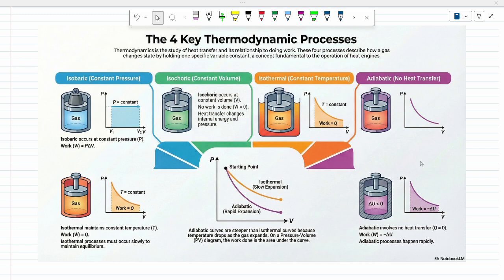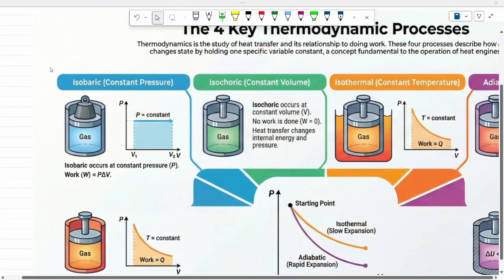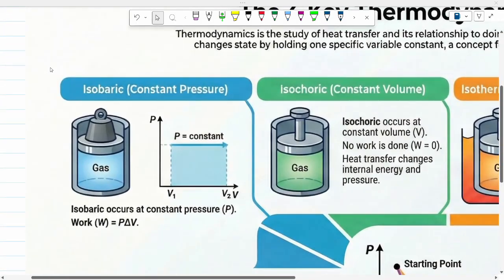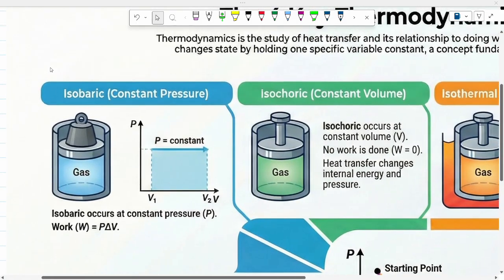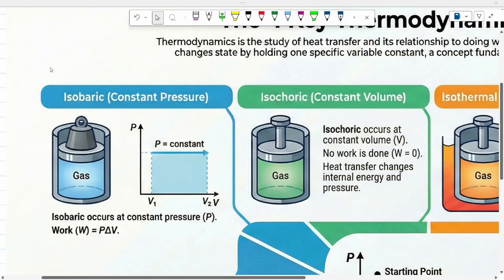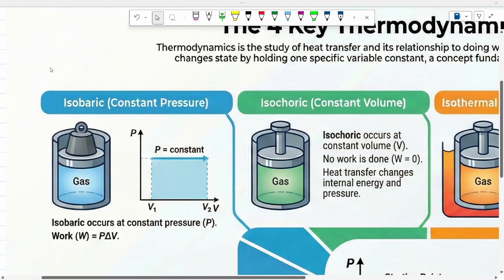Now, having highlighted their usefulness, I do have to confess that in this conceptual physics class, we won't quite use them as much in quantitative problem solving, because that's more of a calculus-based physics material. But I thought it would still be good for you to know the names of these processes.